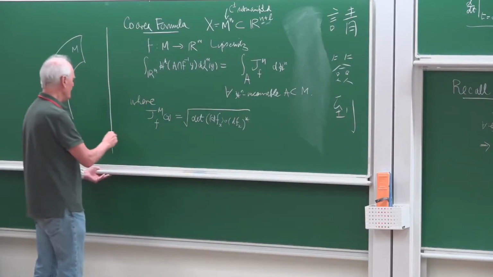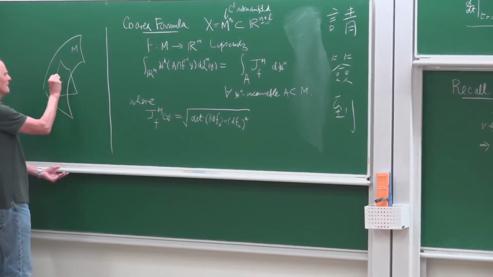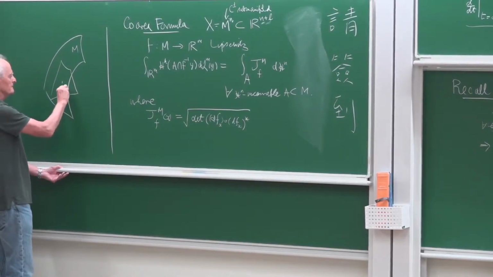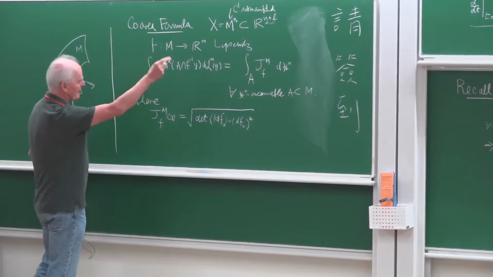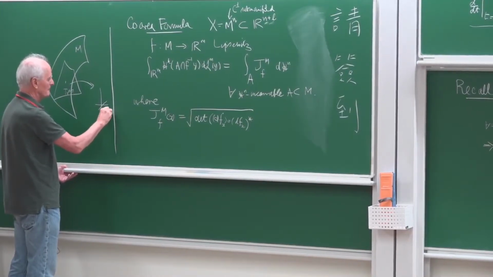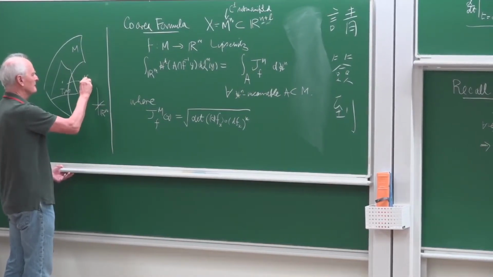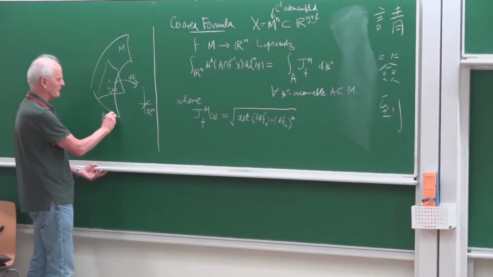Now notice that df_x goes from the tangent space into R^m, and this is all sitting in R^(n+L).